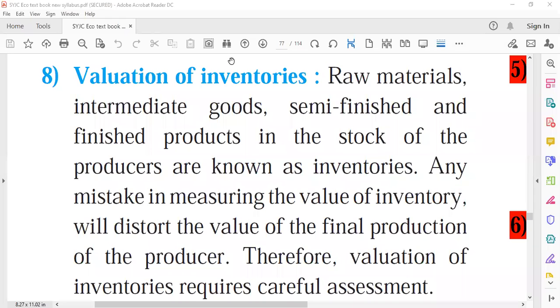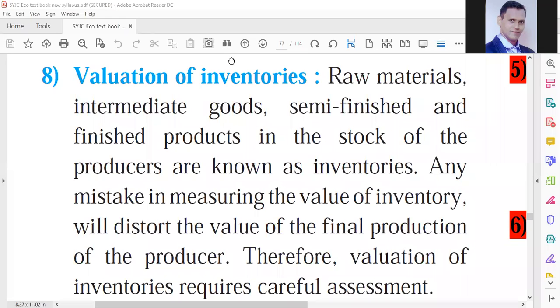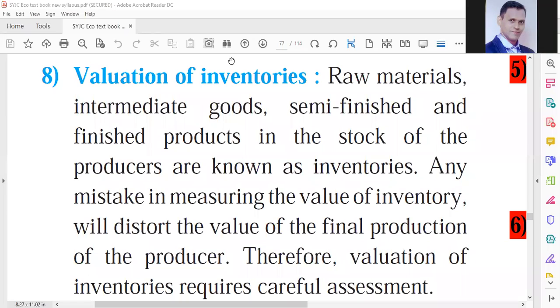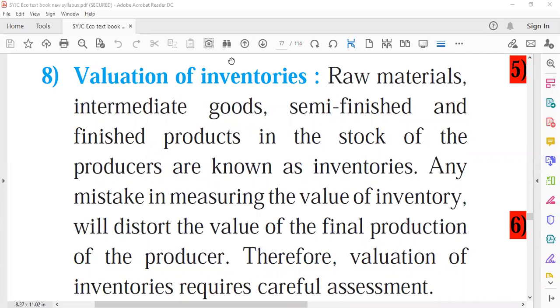It can be a stock of raw material and finished goods. The producer does not sell all that he produces. He keeps a certain proportion in stock for future purposes. He sells in the market only as much as the requirement, and the remaining he keeps in stock.